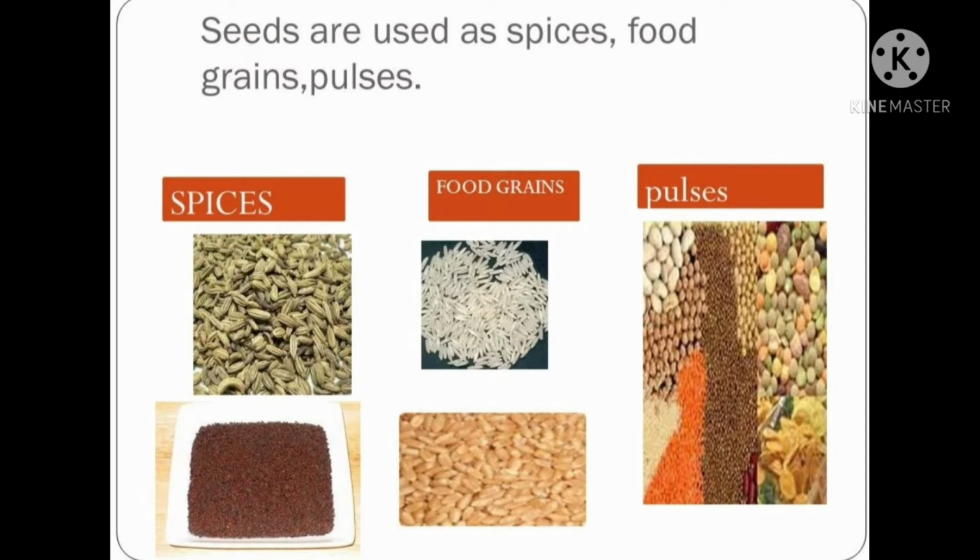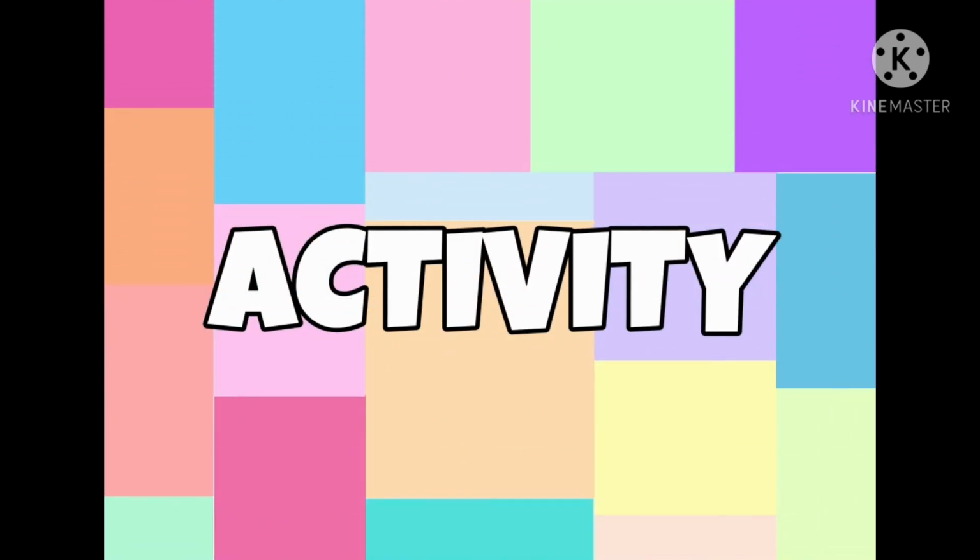And there are the various kinds of pulses which are available, which delight our taste buds on a regular basis.